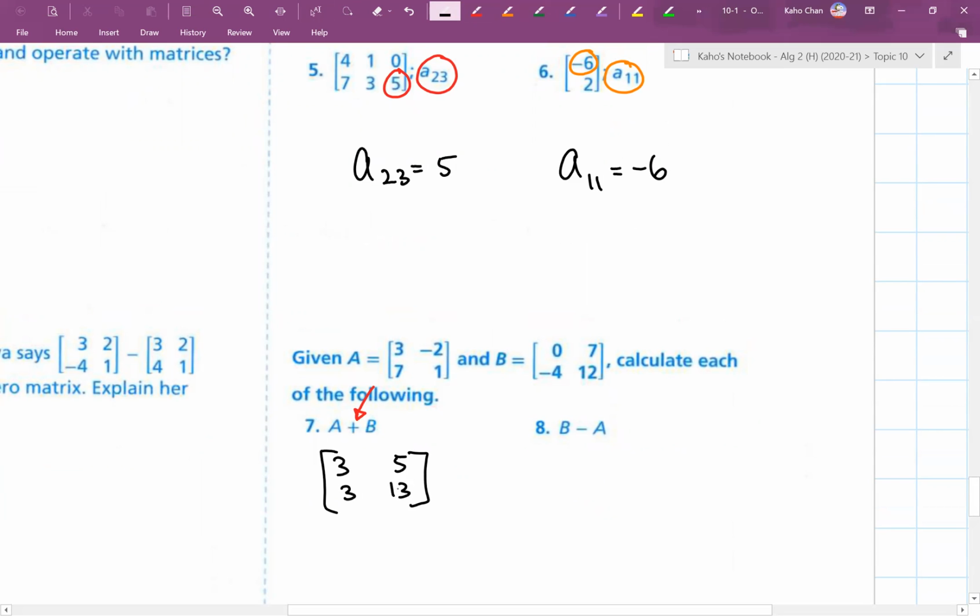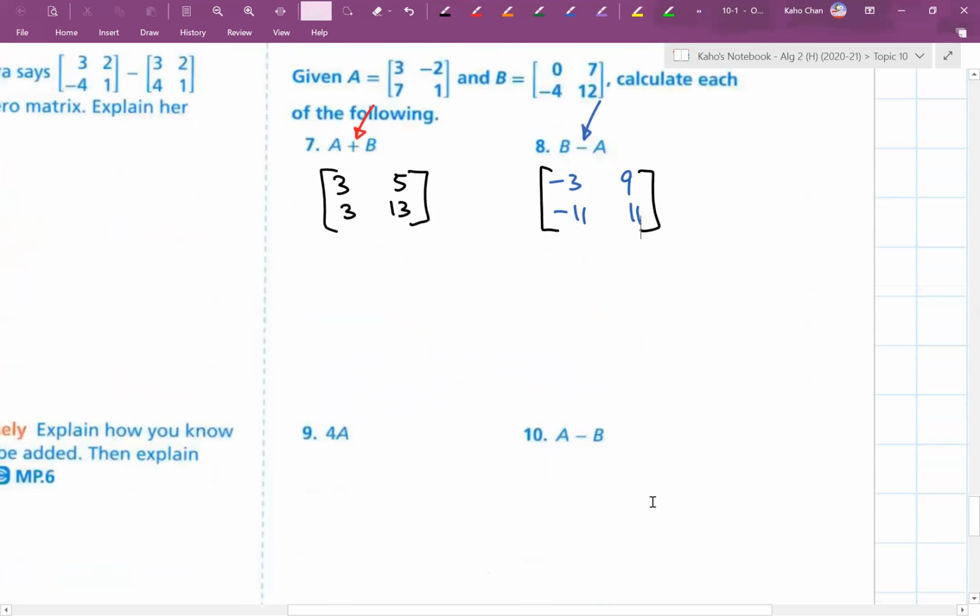You might as well try number 8 as well. We're subtracting. Good luck trying to do that in your head. We're doing B minus A. Be careful there. We're subtracting. Watch out for those double negatives, huh? Oh, there's more.